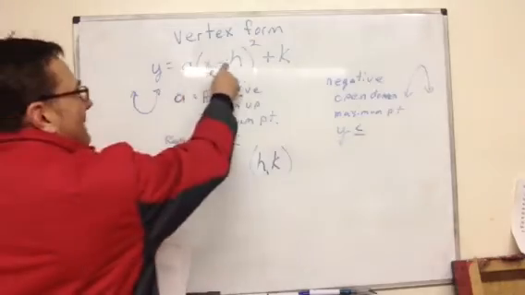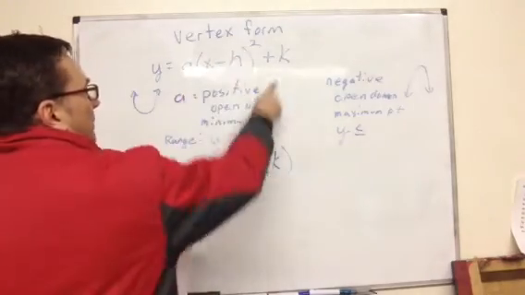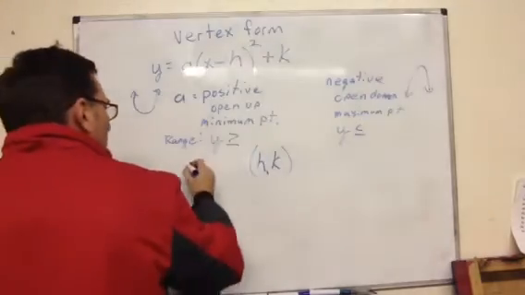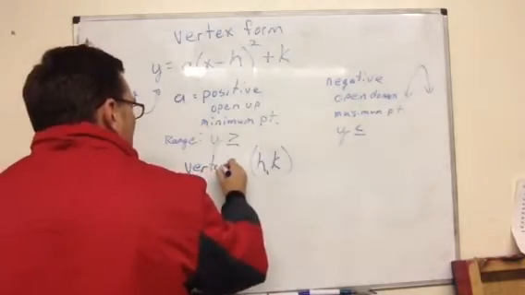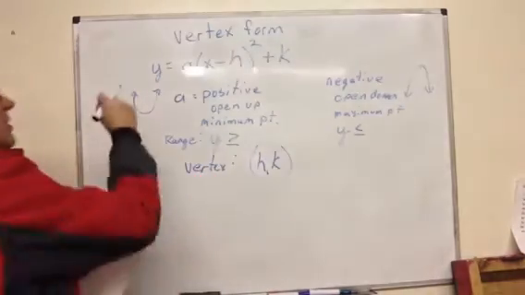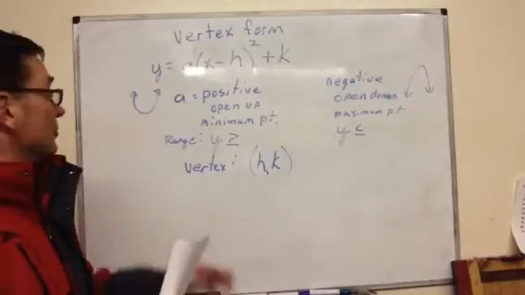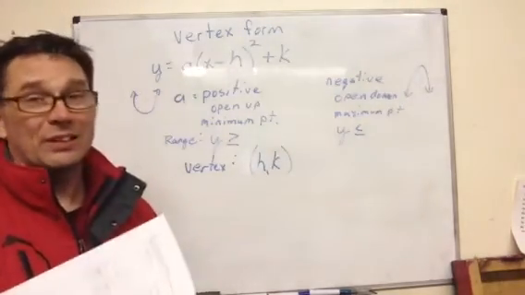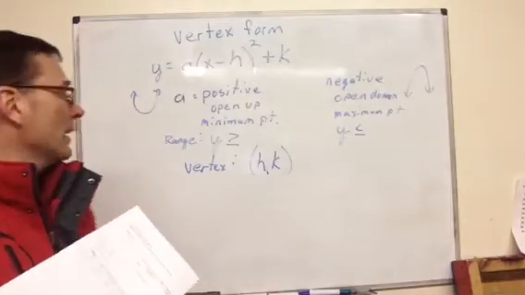Remember, if this is minus, h is a positive number. k is a positive number when it's plus. This is how we get our vertex. Even though this is different, it's a lot easier finding the vertex than calculating it from the standard form, using negative b divided by 2a.